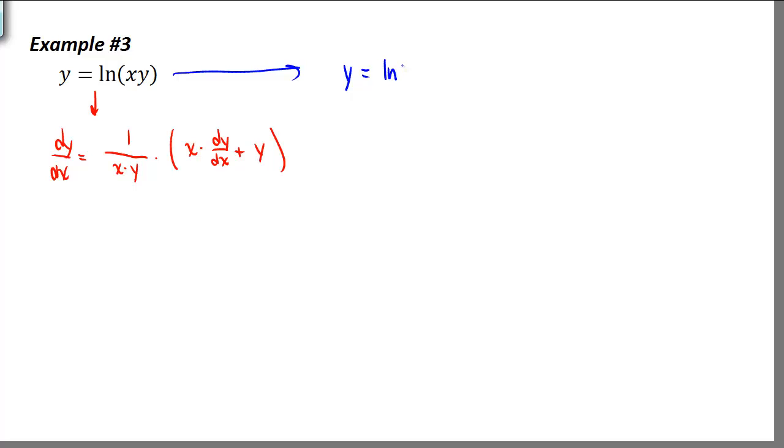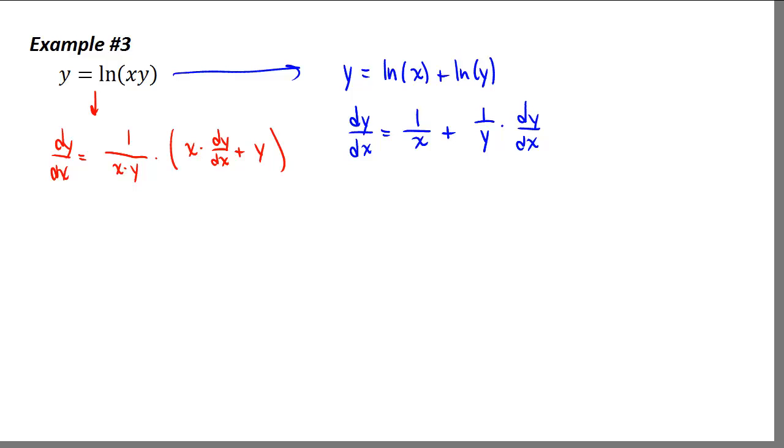We'd have y is equal to the ln of x plus the ln of y. If we take the derivative of this, we get dy dx is equal to 1 over x plus 1 over y dy dx. We still need to rearrange some terms to isolate this, but it's going to be a lot easier.